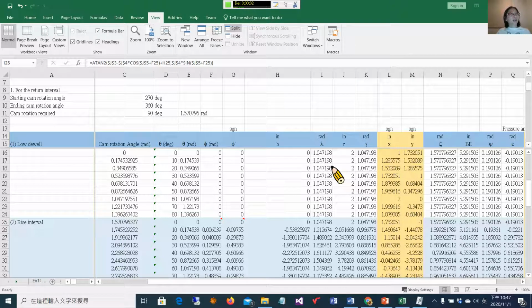There are two functions for calculating the inverse tangent function in Excel: arctangent and arctangent 2. Because we want to return angles in all four quadrants of the unit circle, we use the arctangent 2 function here.